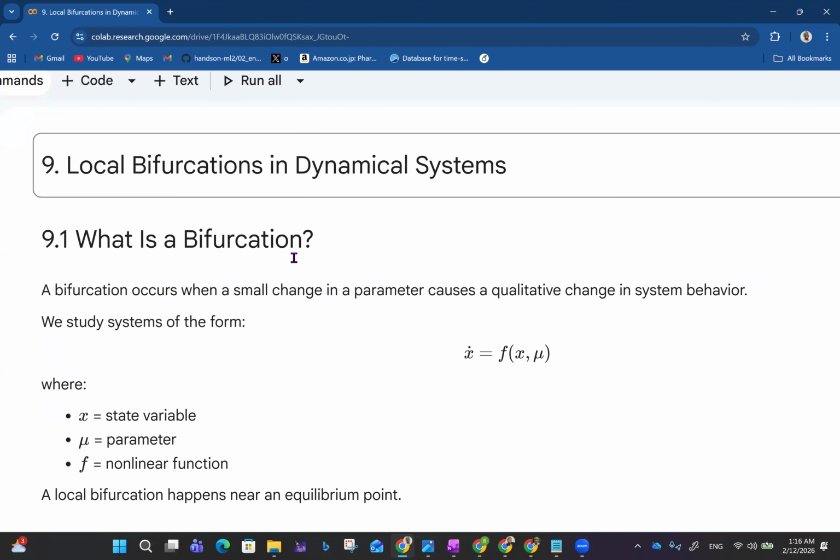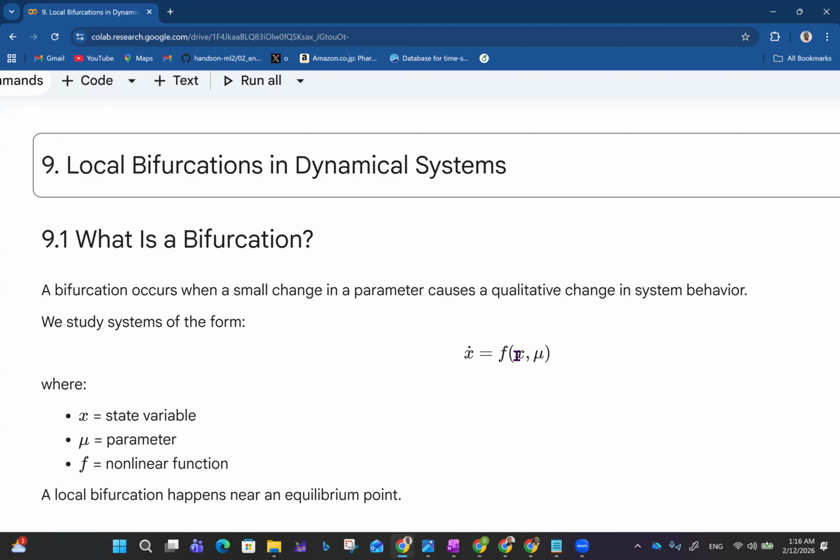First of all, what is bifurcation, right? A bifurcation occurs when a small change in a parameter causes a qualitative change in system behavior, and you expect this to happen in complicated systems like that. So we study systems of the form x dot equals f of x comma mu, where x is the state variable.